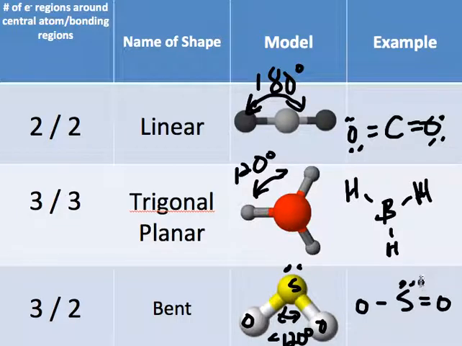This is a double bond, but there's three pairs of electrons, or regions of electrons, and only two of them are bonding. So that's what's meant by two bonding. Three regions, two of them are bonding. But that lone pair still pushes the other electrons away, so that's why it is bent, because that lone pair is still involved.